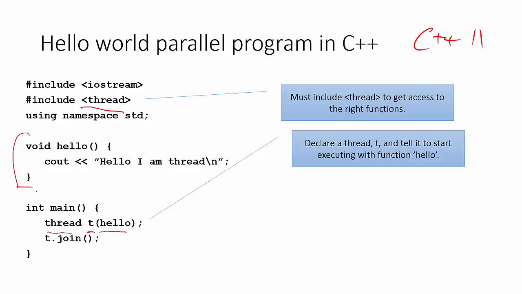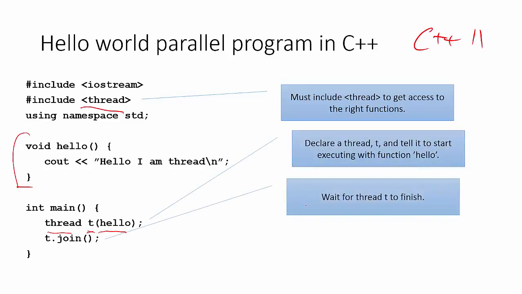So this will create a thread that is scheduled by the operating system. The thread will call function hello and start to execute function hello either on the same core, if you only have one, or on another core.